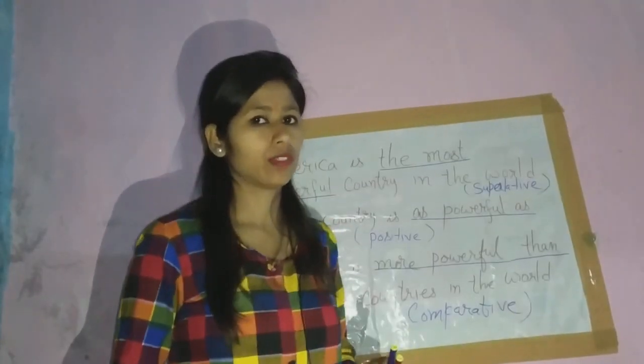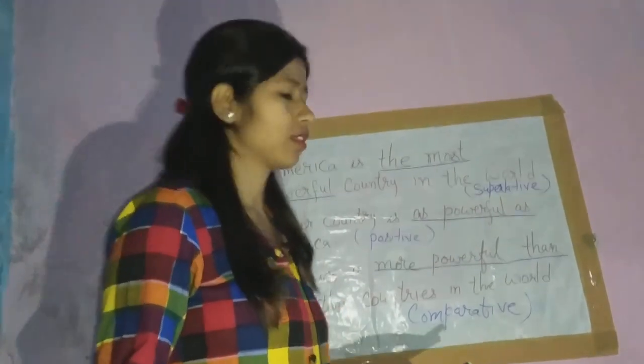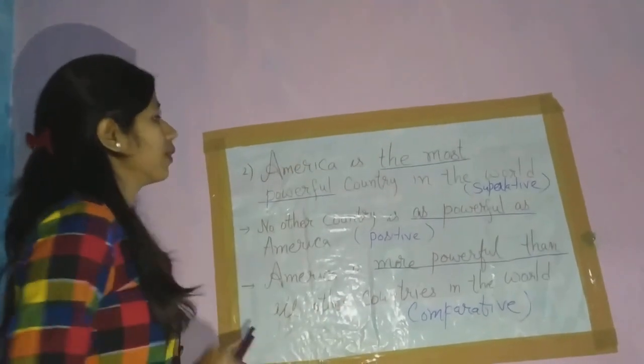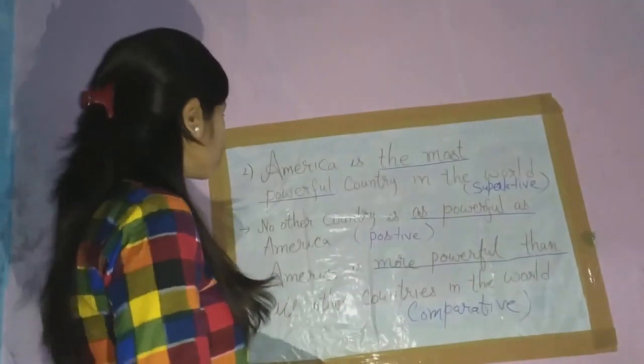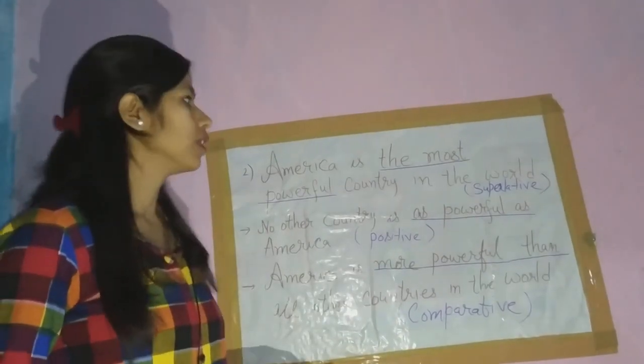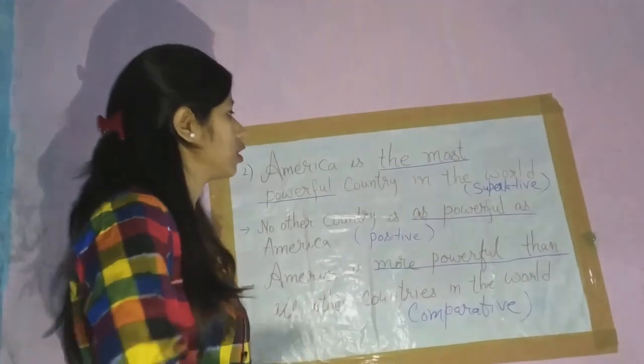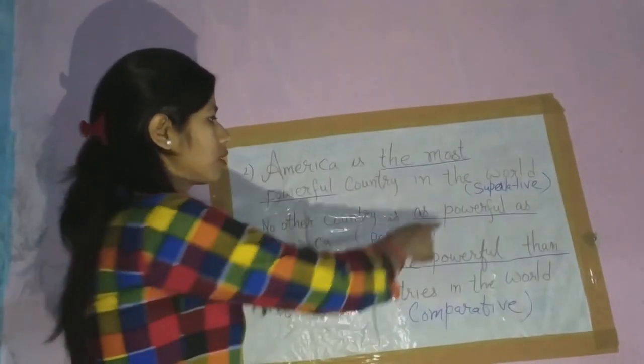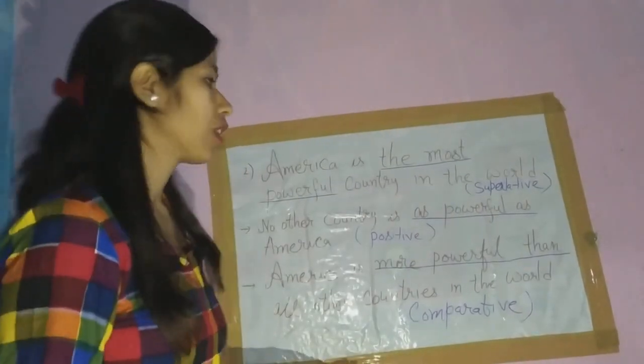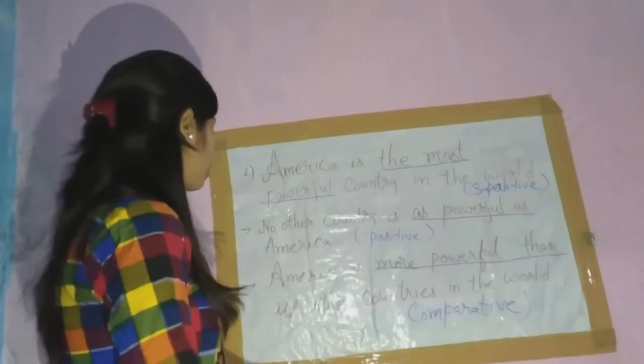Our last example in this chapter is this one. America is the most powerful country in the world. Here there is use of the most powerful, so it is superlative degree. We change this to another degree.